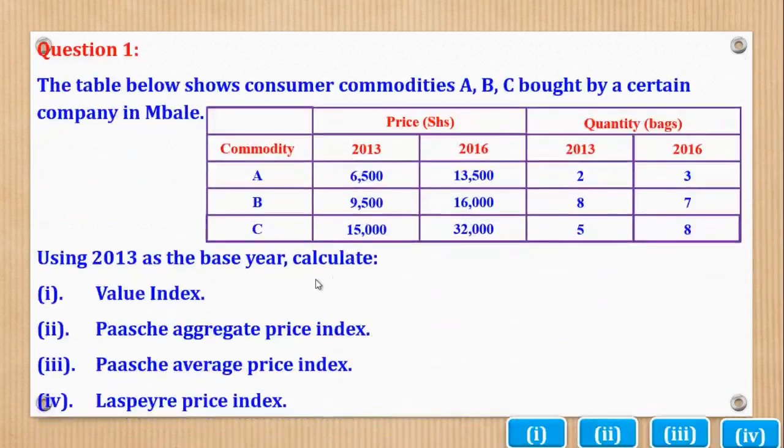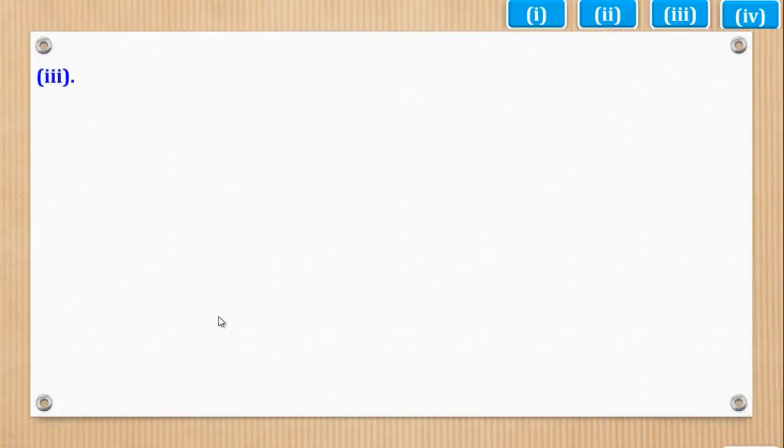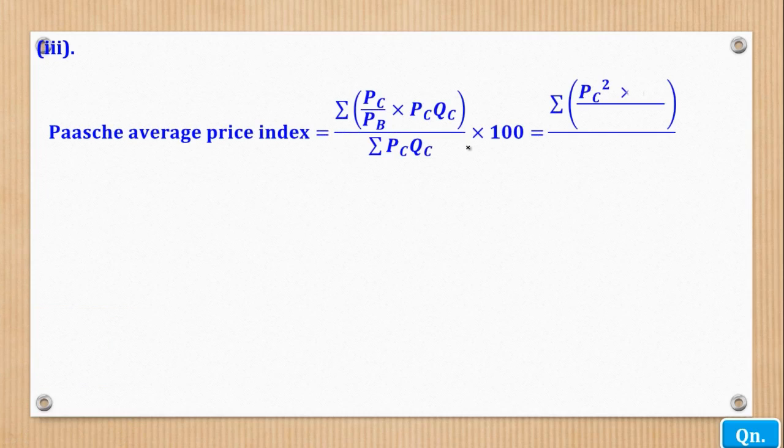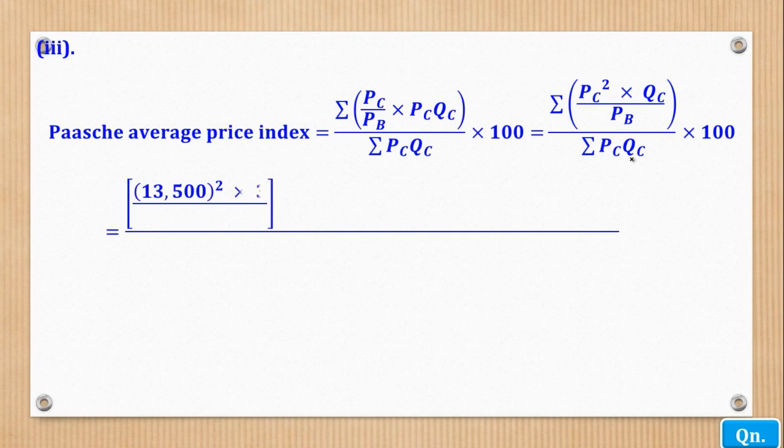What about Roman 3? Roman 3, they ask for Paasche average price index. So first of all is to quote the formula. Now when you look at this formula, we have 2 pieces of this PC and also this PC. So when I multiply the two, I'll come up with PC squared multiplied by QC over PB to get the numerator. Then for the denominator, it will be PC times QC. So that means that when I substitute, I'll come up with that.